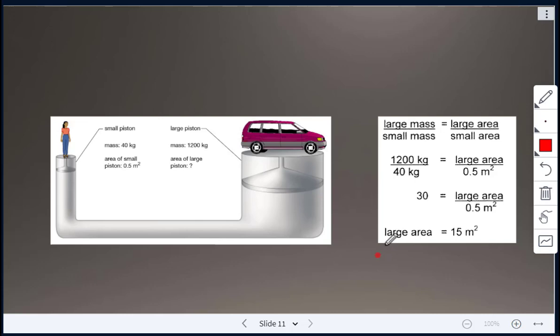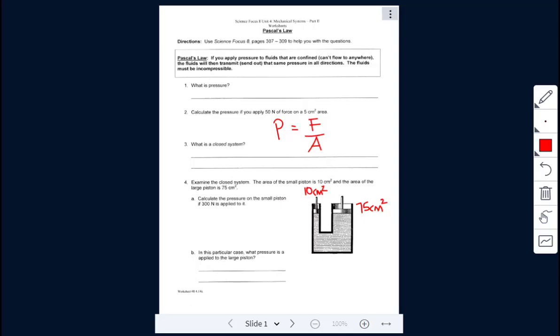So what we are doing is 1200 multiplied by 0.5, and then dividing by 40. And that will give us our large area, which is equal to 15 meters squared.